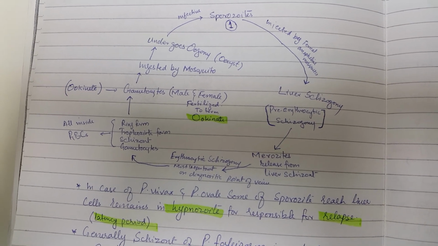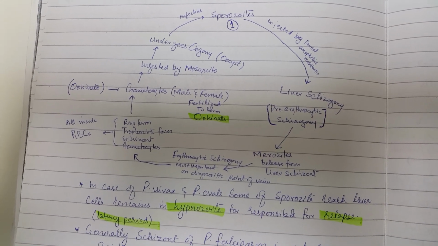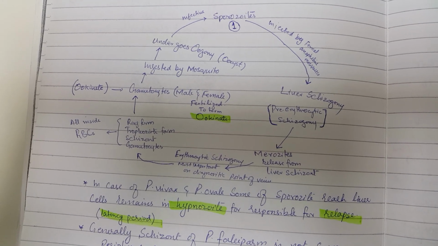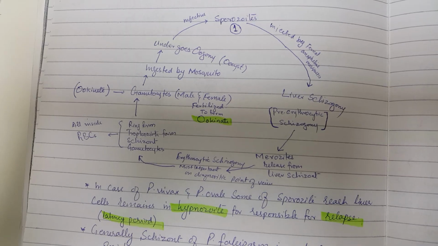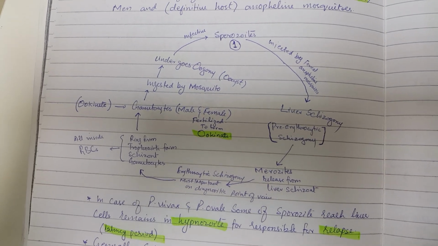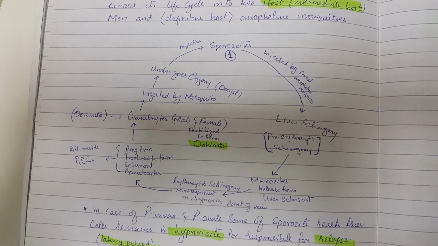Then the ring form, trophozoite form, schizont form, and gametocyte, all inside the RBCs. Male and female gametocytes are ingested by the mosquito, fertilize to form the oocyst, and undergo development, and infection circulates again.